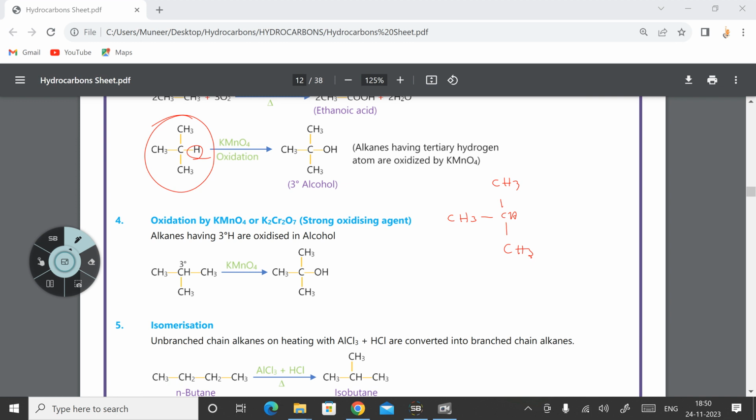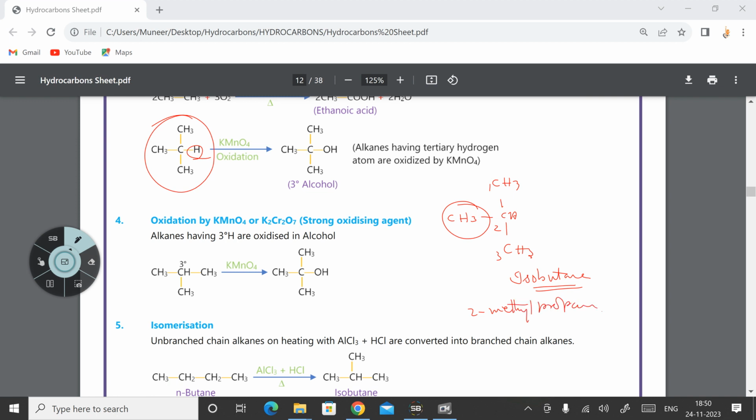Now what is its name? 1, 2, 3, 3 carbons long chain. 2 methyl. Okay, so isobutane. Right, very good, nice. Common name is isobutane. Shruti answered isobutane. Yes, it is correct. Or 2 methyl propane.